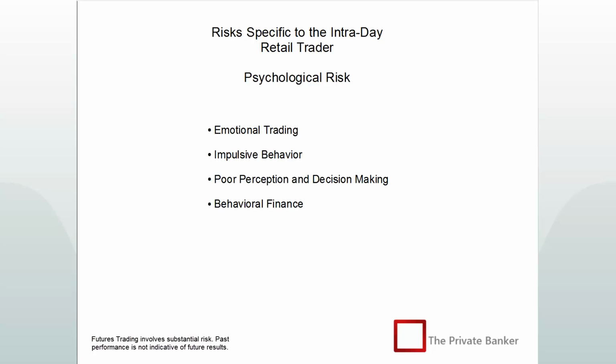Okay, psychological risk. I've referenced this a few times, but one of the biggest psychological risks is emotional trading. Emotional trading leads to impulsive behavior. It provides you with a poor perception and a poor decision-making process.